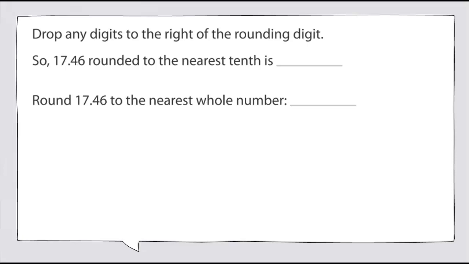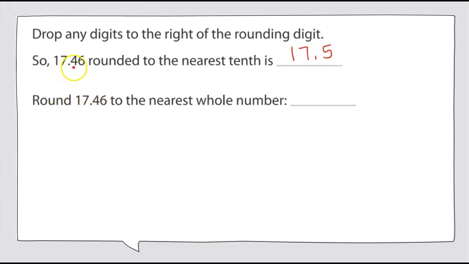All right, let's keep going. Here's the next slide. It says drop any digits to the right of the rounding digit. So that's kind of what I just said. When it's bossy and it's telling us what to do, we get rid of it. So we've really already answered this question. 17 and 46 hundredths rounded to the nearest tenth, we know, is 17 and 5 tenths.